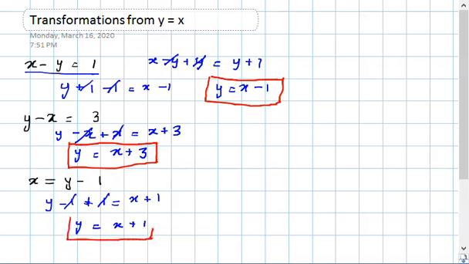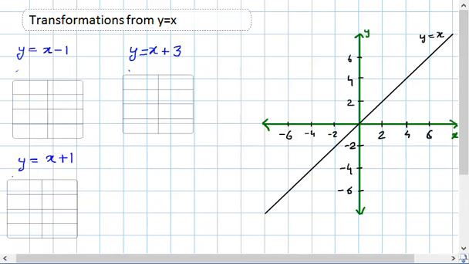Now let me take you straight to making a table of values, and then we'll plot the graphs. I've got these three equations written down here. For each one, this is our x and this is our y.